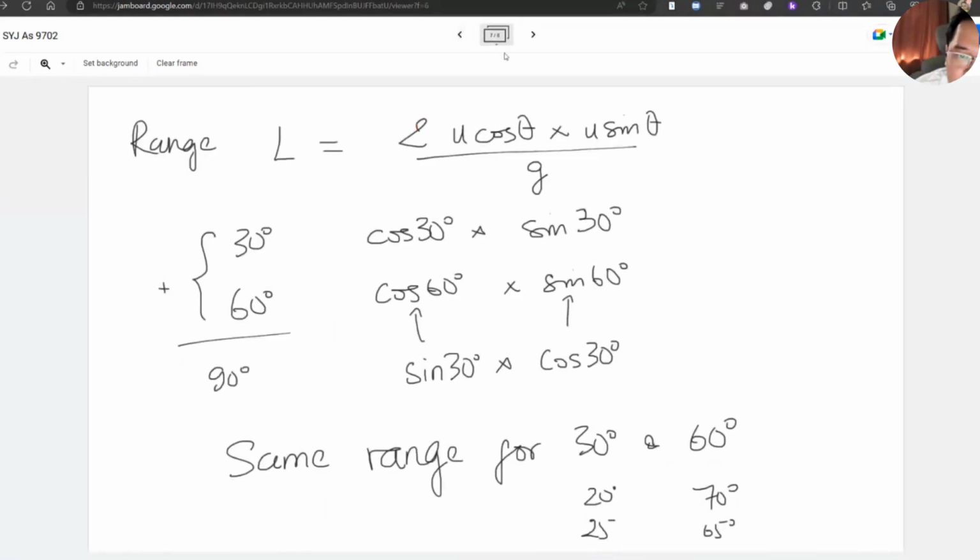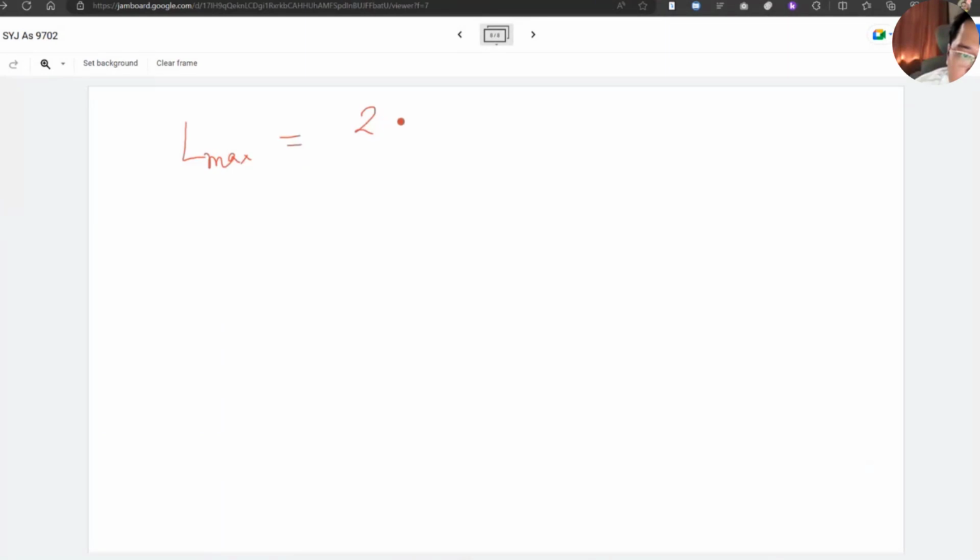Sorry, I forgot the number 2. No, did not forget. 2 times u is 80, and cosine of 45 degrees divided by g, 9.81. We have the maximum range.